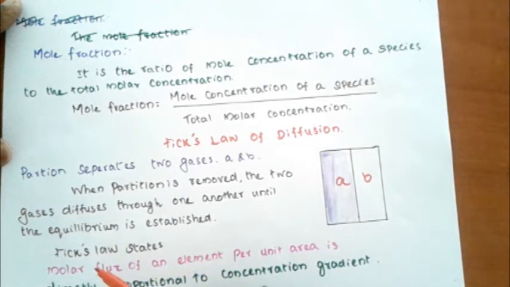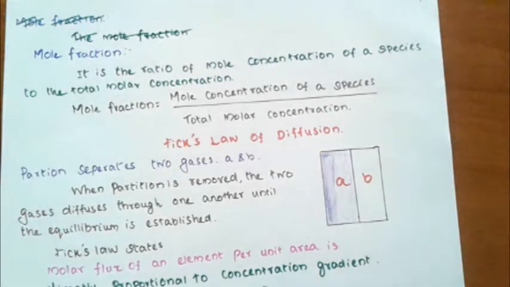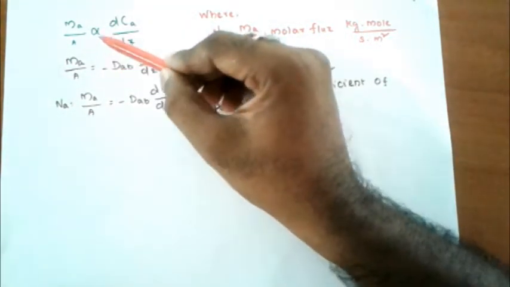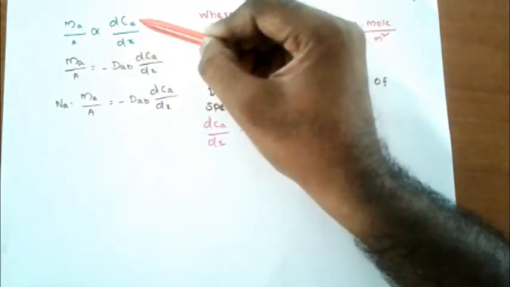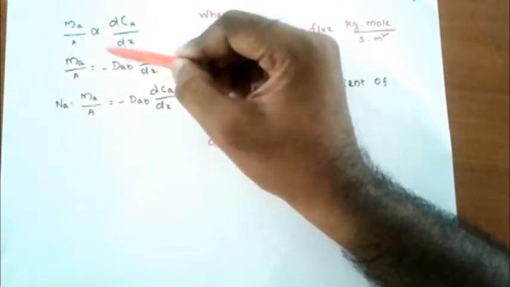Fick's law states that the molar flux of an element per unit area is directly proportional to the concentration gradient. This is called Fick's law of diffusion. Here, M_A by A is directly proportional to dC_A by dx. We replace this proportionality by a constant.